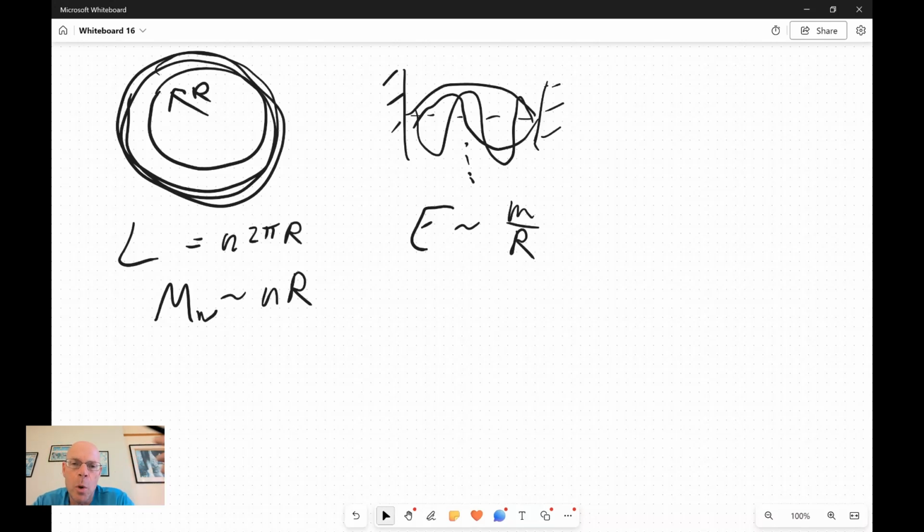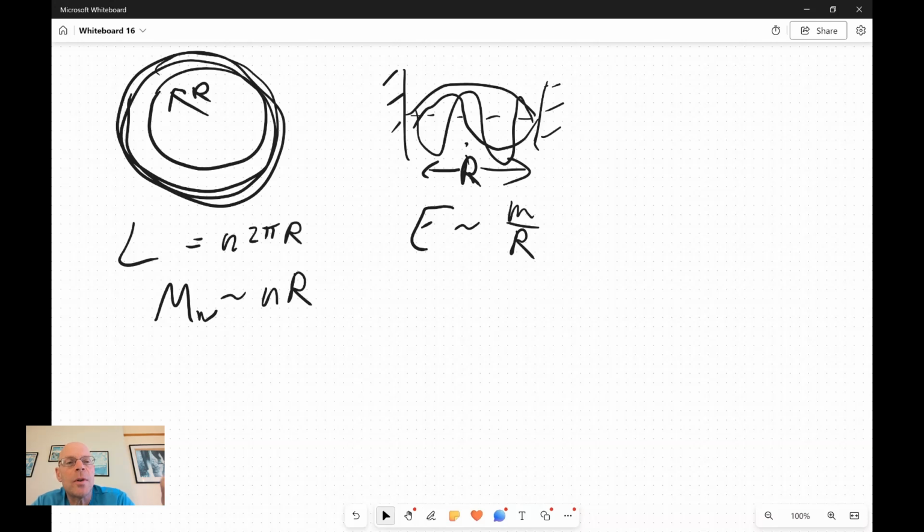So m is the mode, first mode, second mode, etc. And the energy associated with each mode is the mode number m divided by the radius or the distance r.